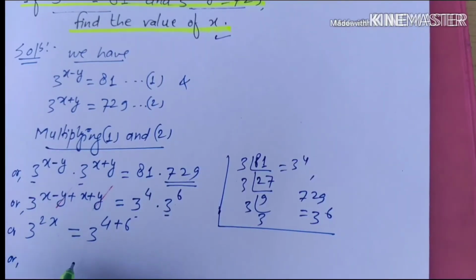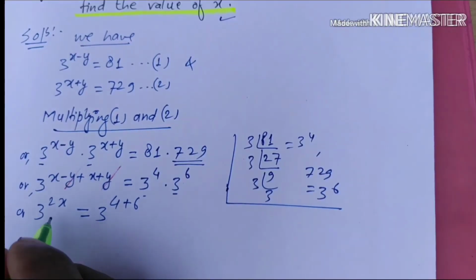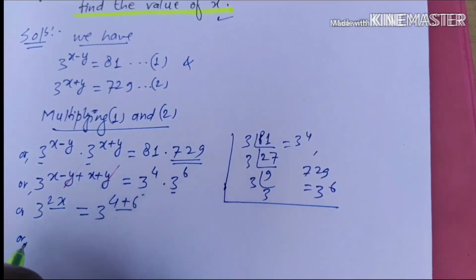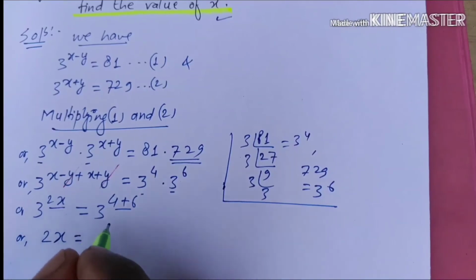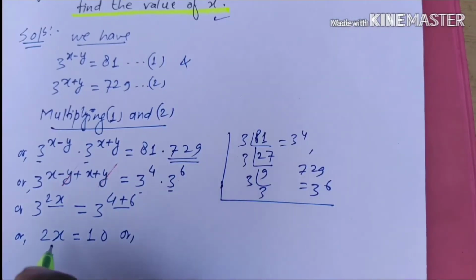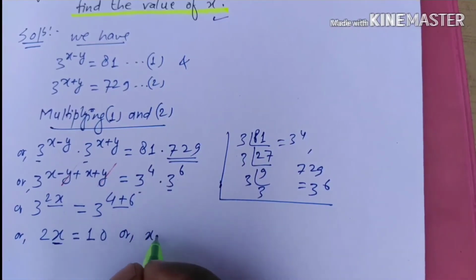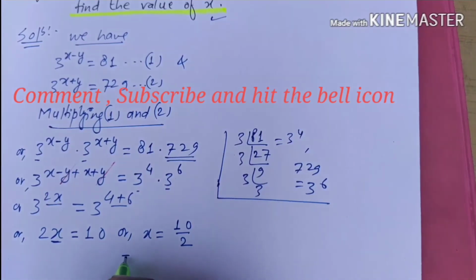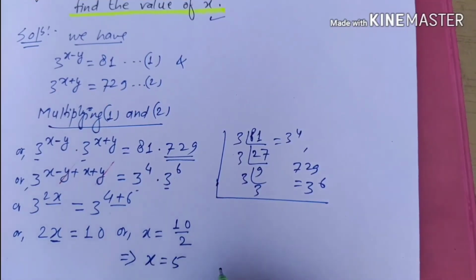Or 3 and 3 will cancel out, and their power 2x is equal to 4 plus 6, 10. Or x will be here same, and 10 divided by 2 will give x is equal to 5, answer.